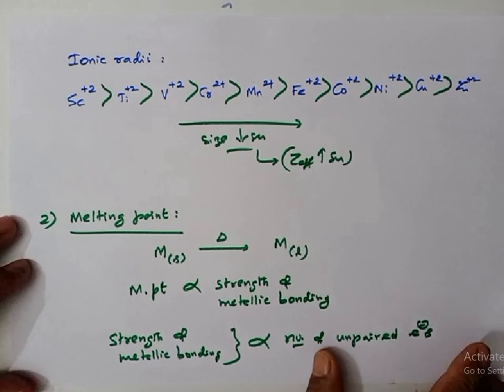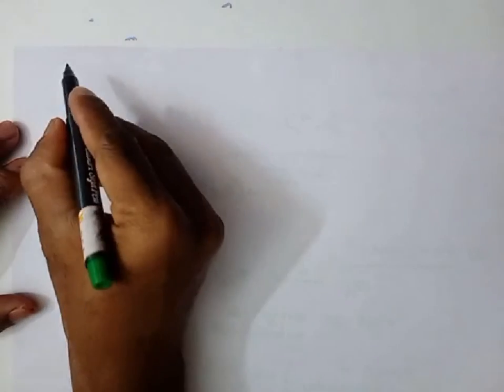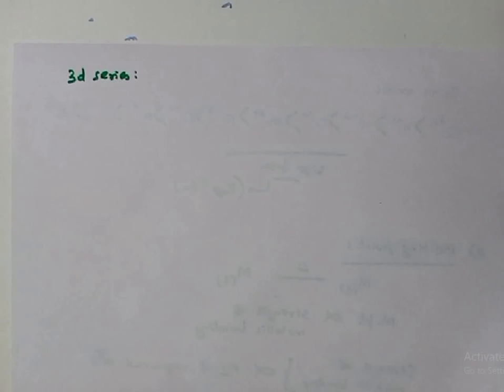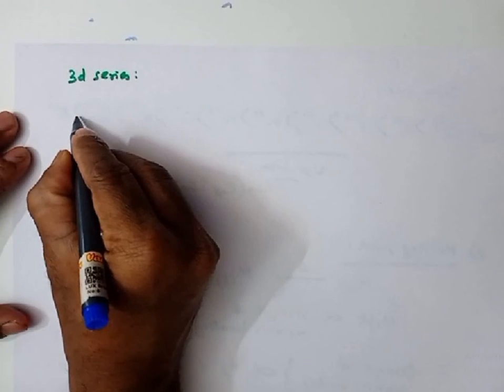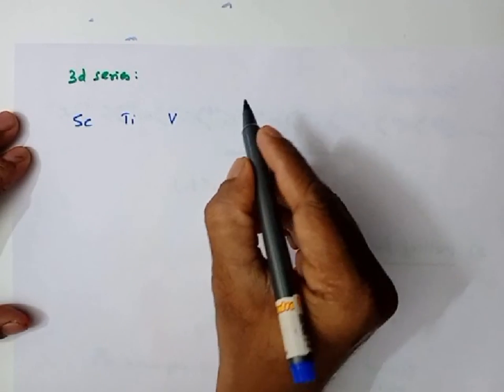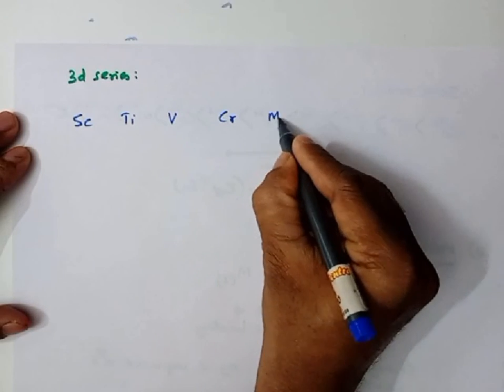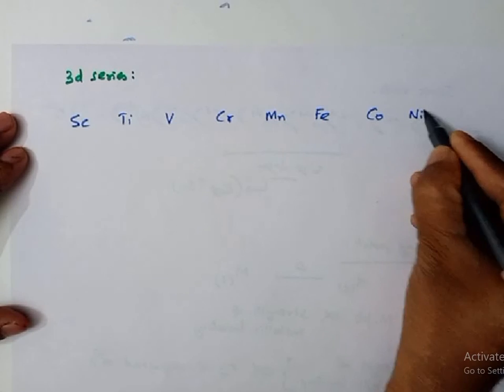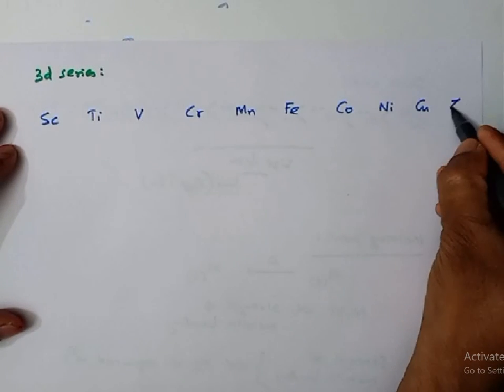Now let me take the 3d series. I'll show you how this varies. Mostly for your level they'll ask questions from the 3d series. In the 3d series we have elements like scandium, titanium, vanadium, chromium, manganese, iron, cobalt, nickel, copper and zinc.